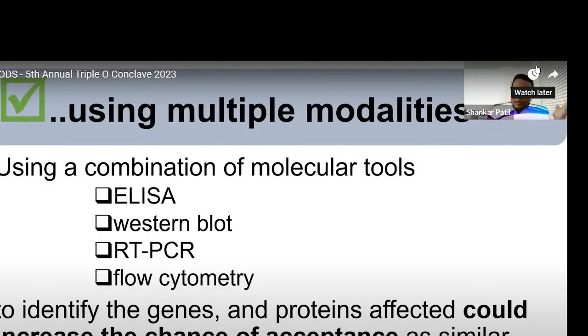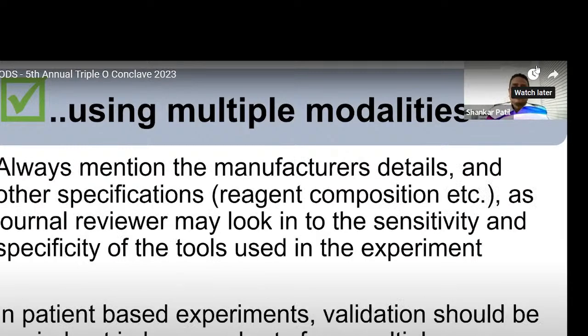What we used to do 10, 15 years back was use one immunohistochemical marker, study 30 patients, and give the inference. That will not work these days, because nowadays the journals look for multiple markers, and depth in the investigation is very, very important. And even the sample size has to be big.